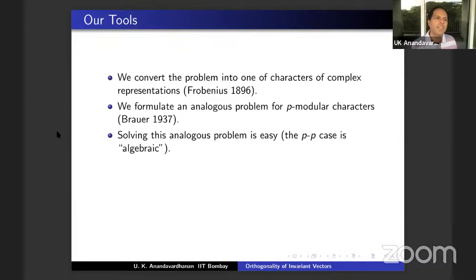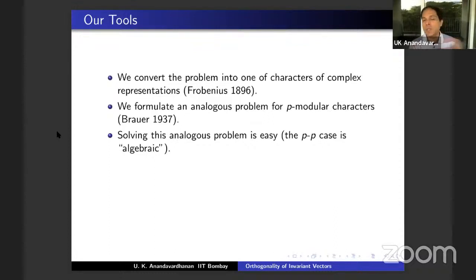In usual complex representation theory, one could say there's an element of analysis there, so to say, quote unquote, whereas this is purely algebraic, in the sense of algebraic representations in algebraic geometry. Calculations are easier, and we can solve this analogous problem completely.